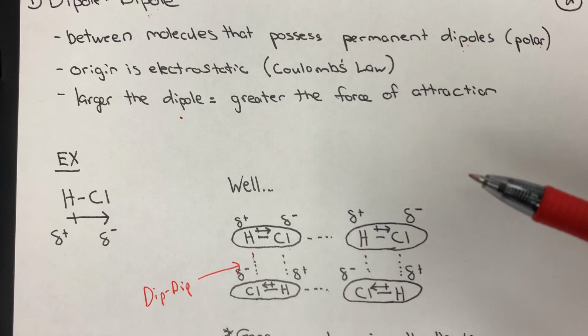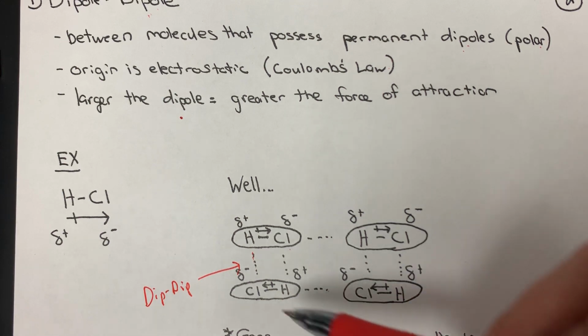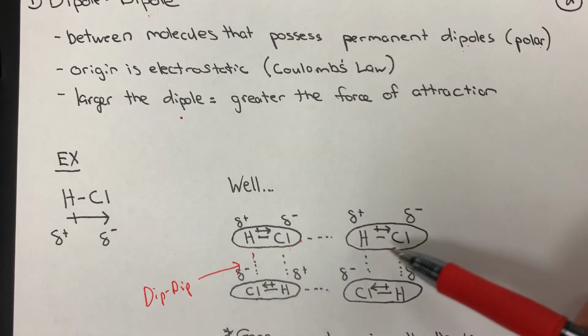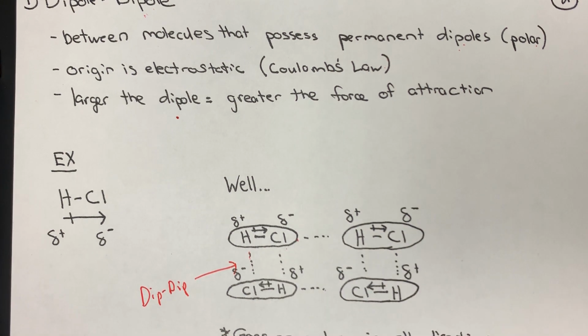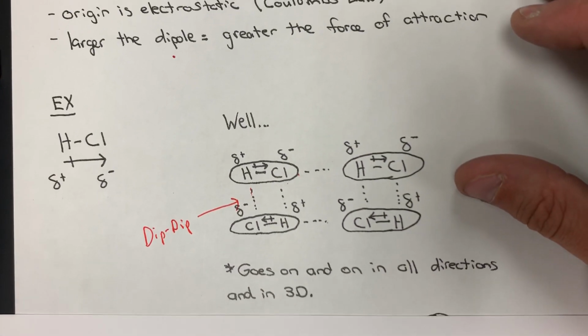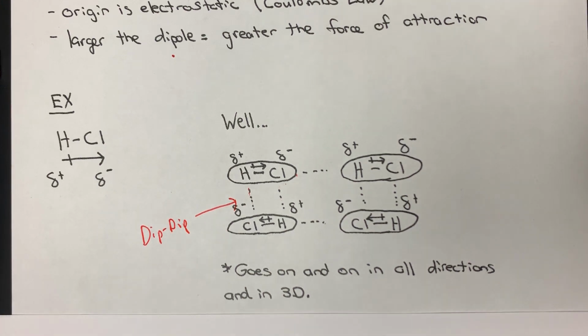And we see that the way these molecules have oriented themselves in space, we see another dipole-dipole force of attraction here, here, here, here, and here. Okay, so again, we have this optimization of alignment. We're looking to maximize these attractive forces. And this arrangement will go on in all directions, right?